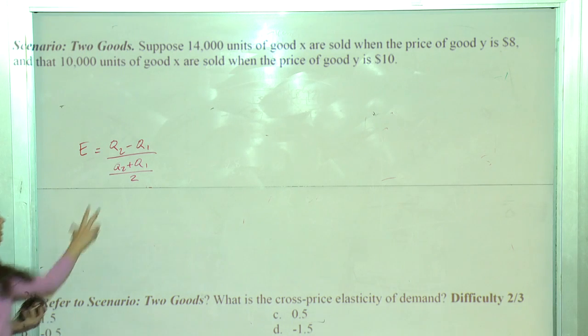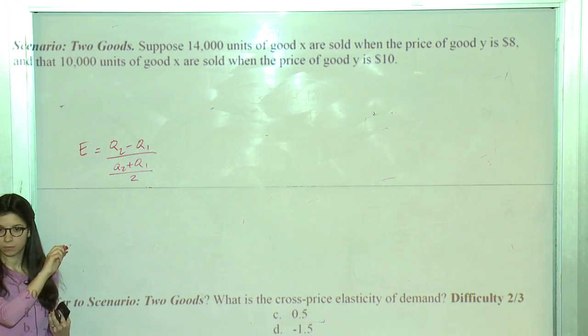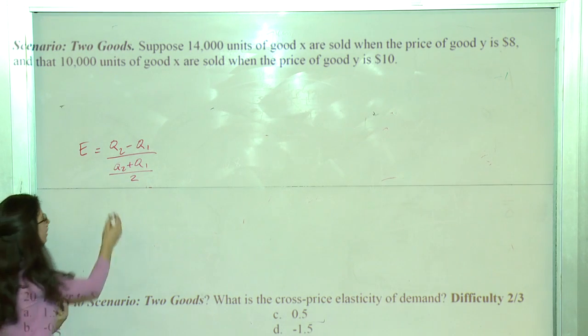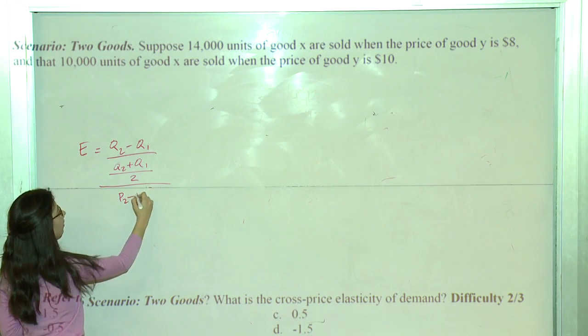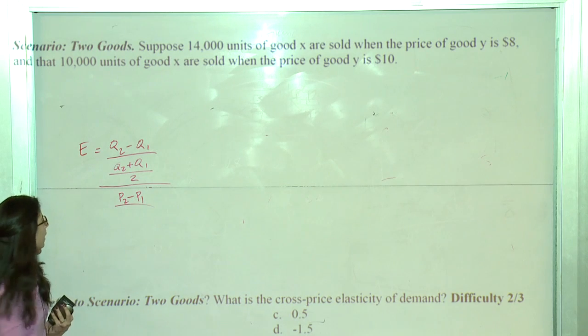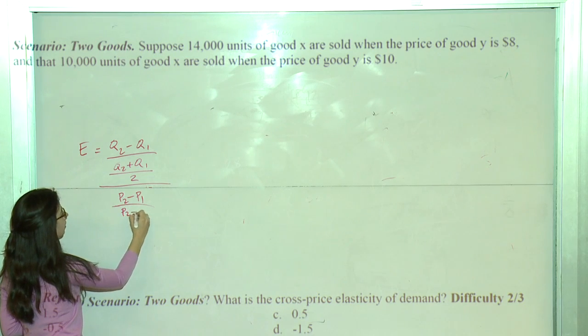In other words, the change in the quantity demanded of good X over the midpoint of the two quantities, in other words, the average. And we're going to divide that by the change in the price for good Y divided by the average of the prices.